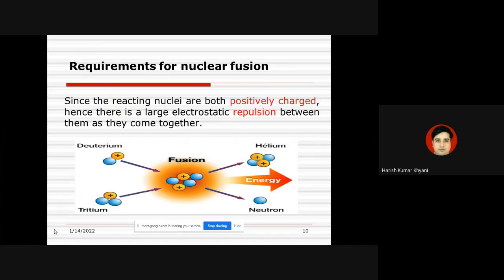So earlier we have seen that in case of fusion, the fuel is deuterium and tritium, right? And we have said that these are the isotopes of hydrogen. So both are positively charged atoms, right? And we know that when these positively charged particles are combined to each other, then a huge electrostatic repulsion is there as they come close together, right?